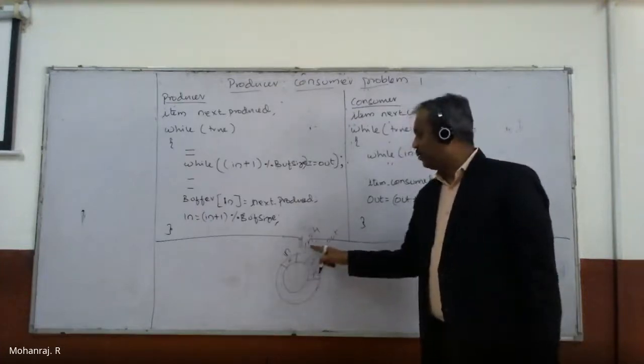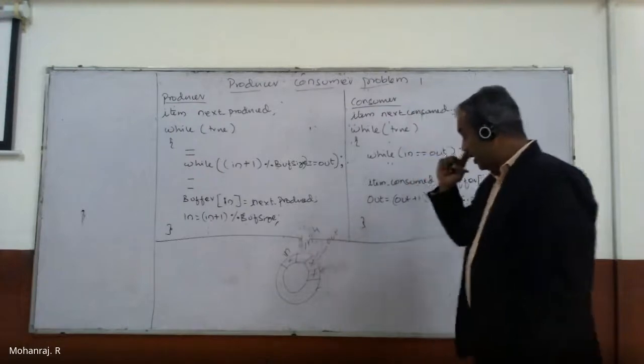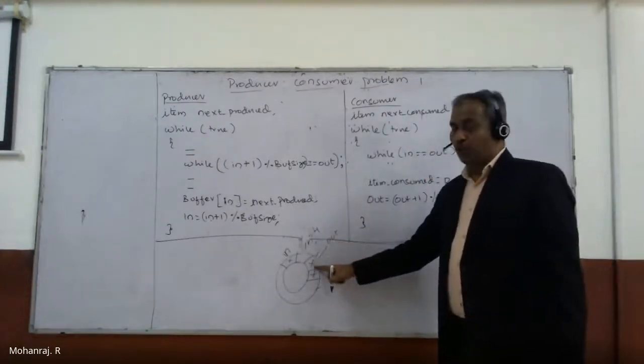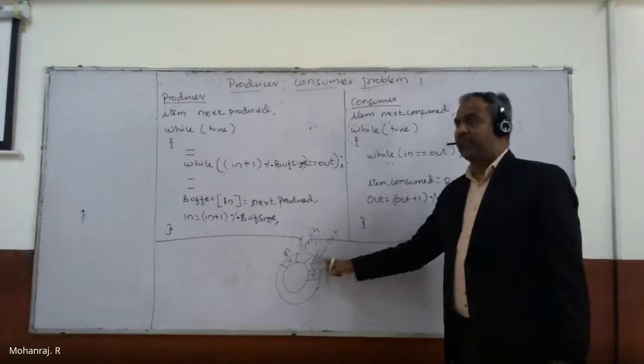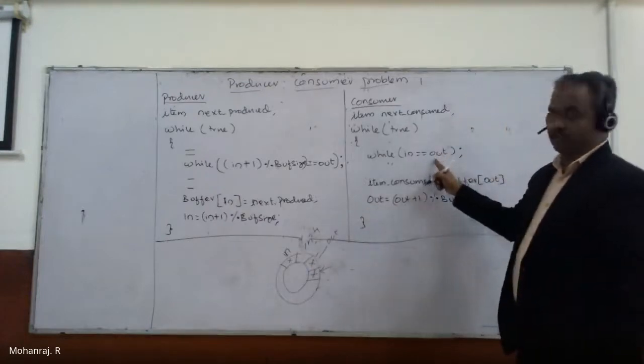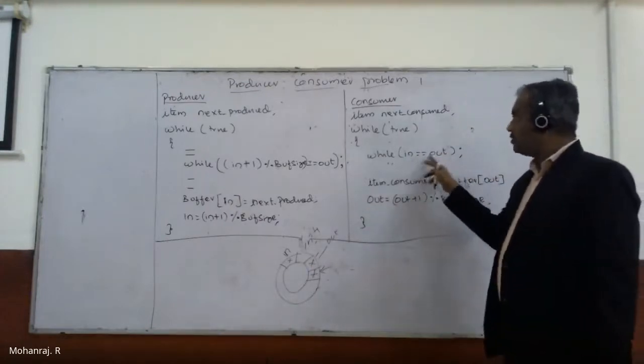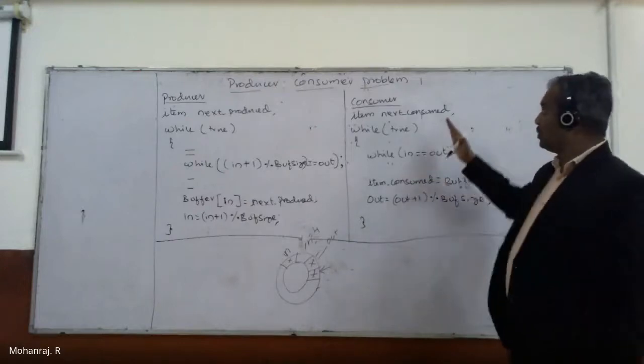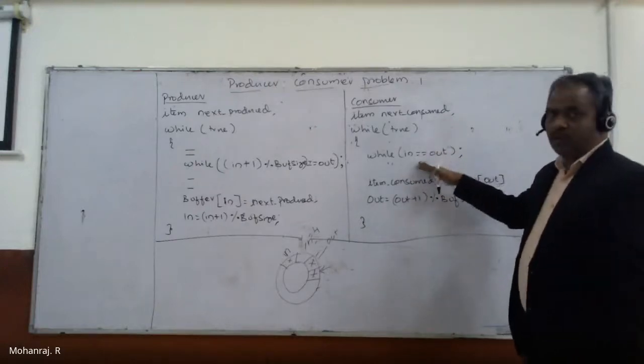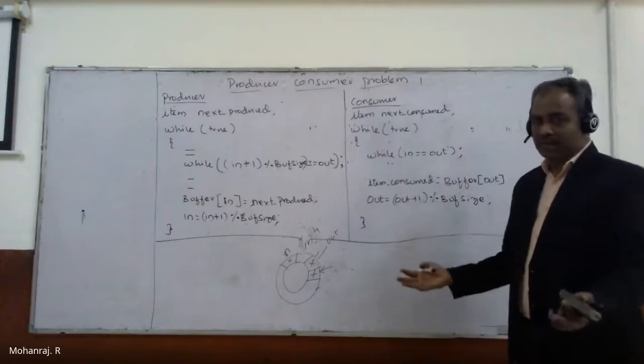Right now the value of in is 4, and out is pointing to 0, the very first item, the item which can be consumed. If they were equal, it fails. Even if it is 0, there is no item. So the consumer program won't allow consuming, because there is no item. How can it be consumed?